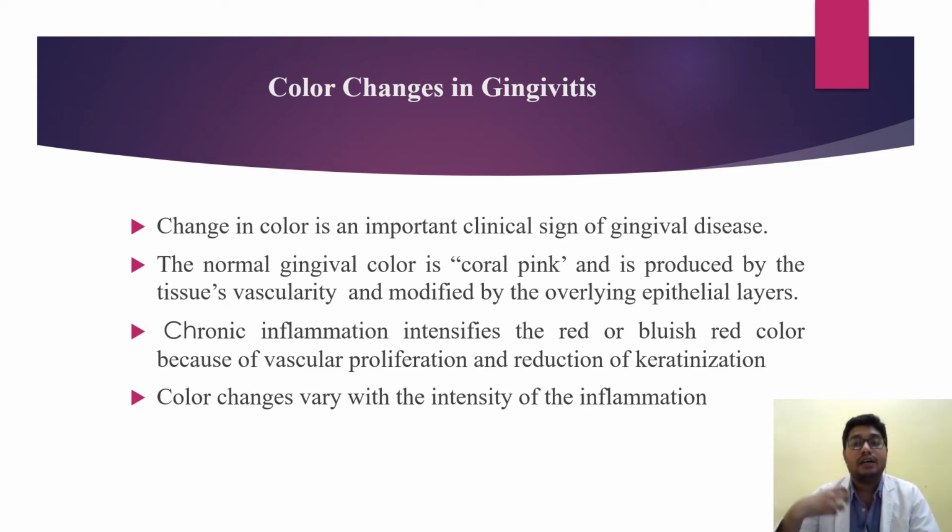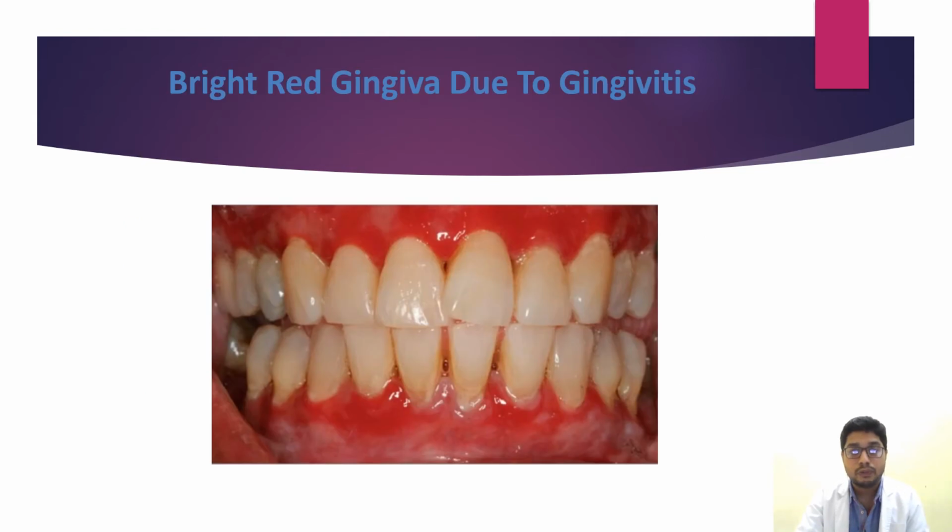Because of that proliferation of vascular lesion, the mucosal color changes from coral pink to a reddish or bluish red color. So the color changes vary with the intensity of the inflammation, as per the stages I explained before.